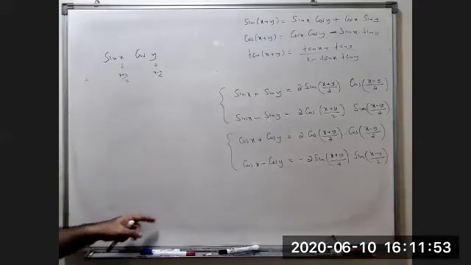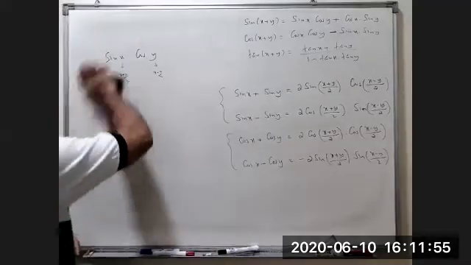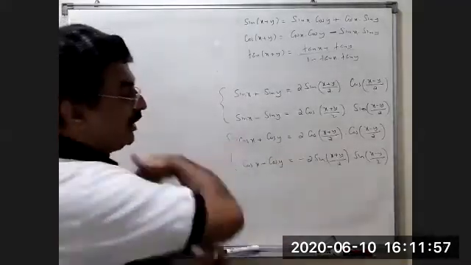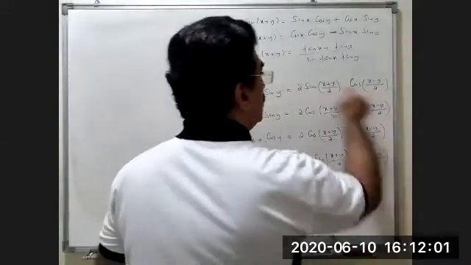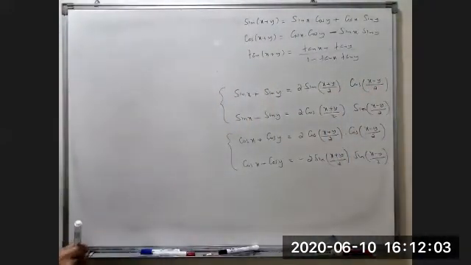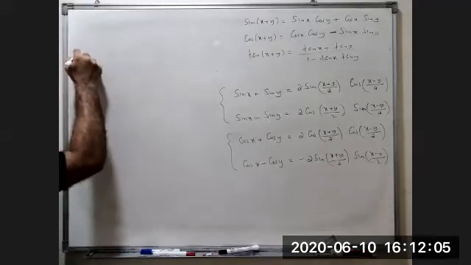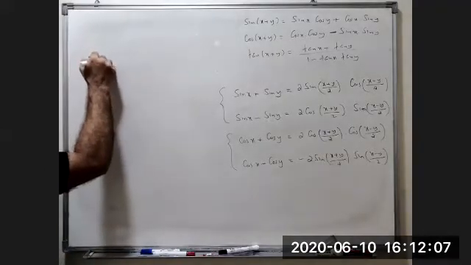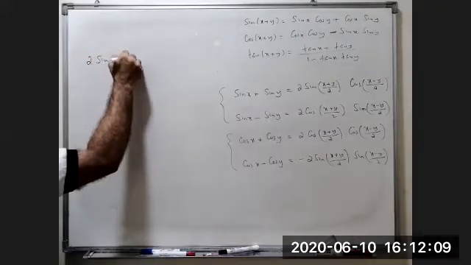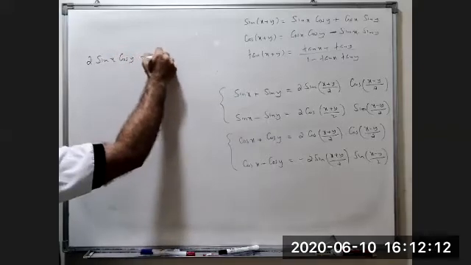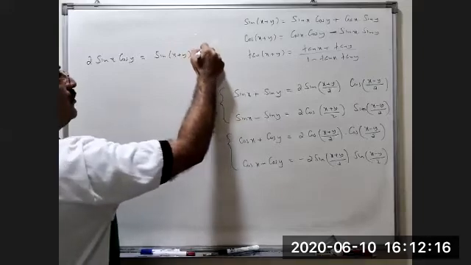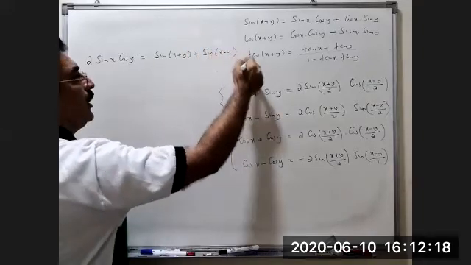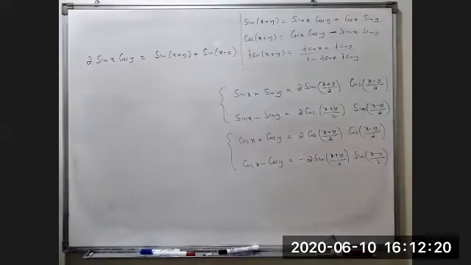Now, if you are writing sum to product, again reverse. Reverse means writing product to sum. This one, 2 sin x cos y. Right. Next, 2 sin x cos y will be a sum of sines: sin x plus y plus sin x minus y.